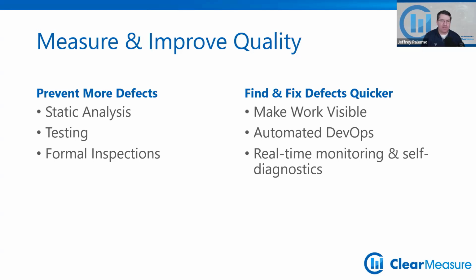And then we're going to add real-time monitoring and self-diagnostics so that our system, while it's running in production, is helping us find issues and alert us in real time so that we find and fix those defects a lot quicker as well. So let's dive into making work visible and where to layer on some of these formal inspections.